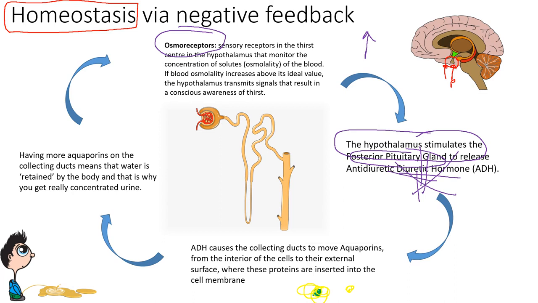That means the cells of the collecting duct will not produce aquaporins, and therefore the water will travel down the collecting duct into the bladder, and that will reduce our hydration back to the set point, because we'll have lots of clear wee and get rid of our water. And that is the homeostasis of water, essentially. That's how we're able to maintain the water levels within our body.